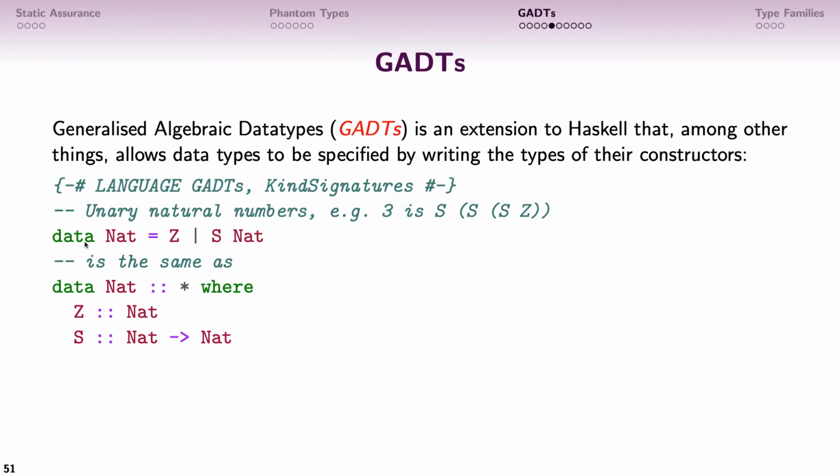So this is our definition of natural numbers, and it's just a regular Haskell data type, right? data Nat equals Z as the first constructor, or the second constructor is S and it takes in a Nat. That's straightforward, I hope. Now what GADTs let us do is say data Nat is of kind star, right? So we introduce a kind signature here, where, and then you say Z is a constructor that returns a Nat. It takes no arguments and returns a Nat. And S is a constructor that takes in a Nat and returns a Nat.